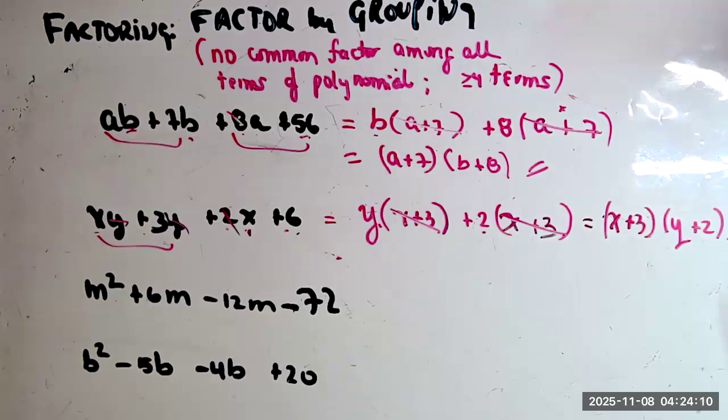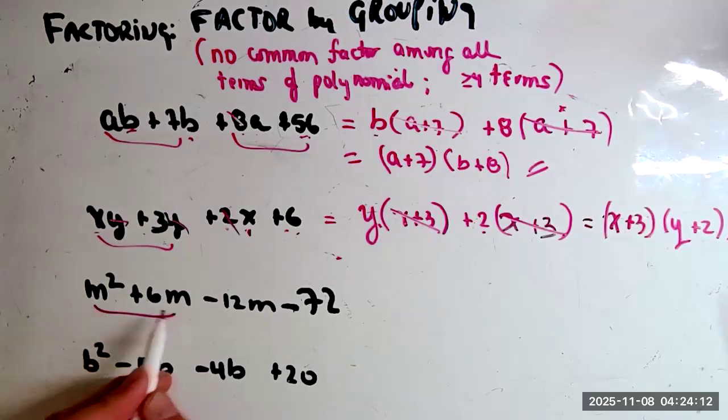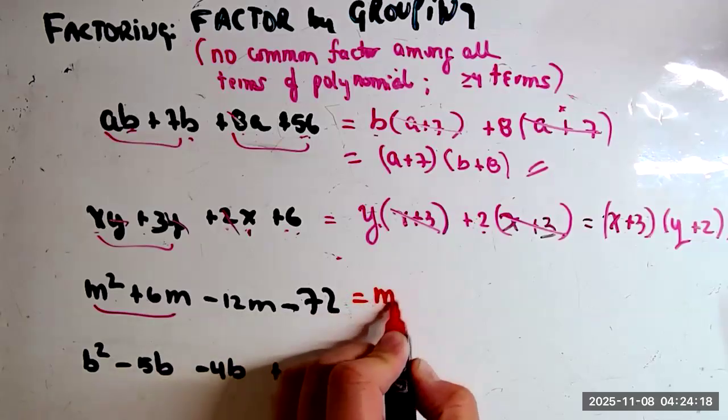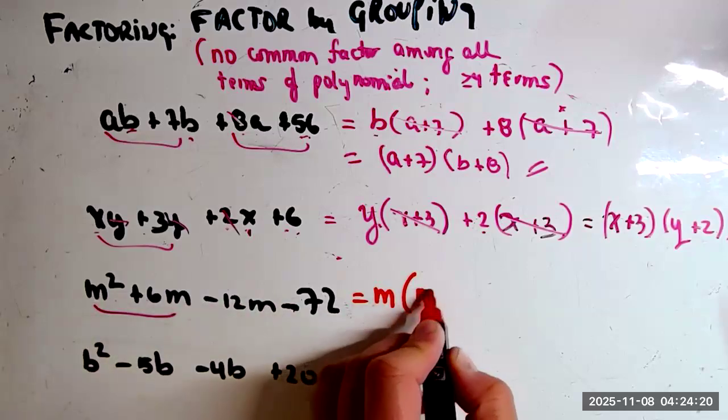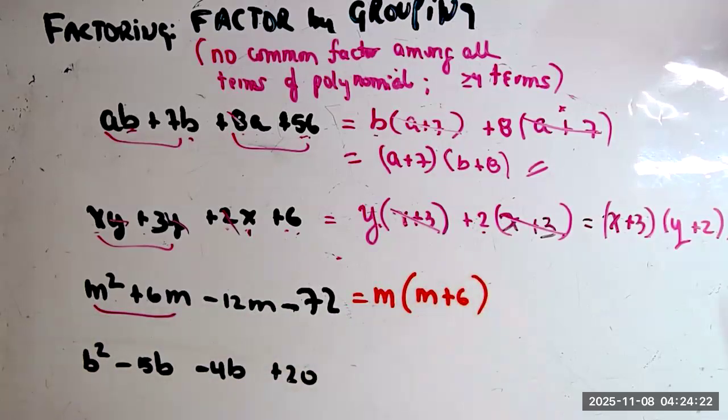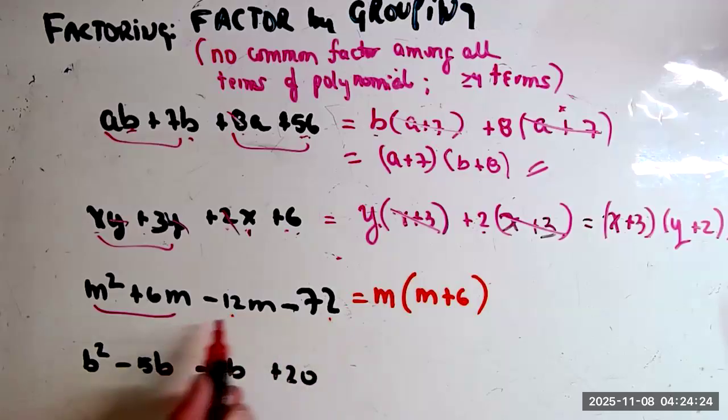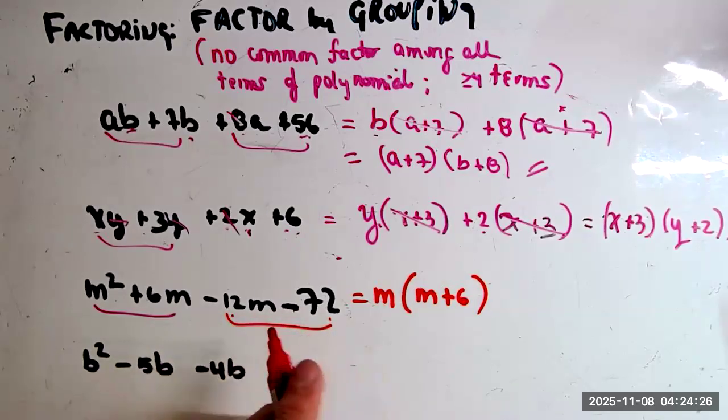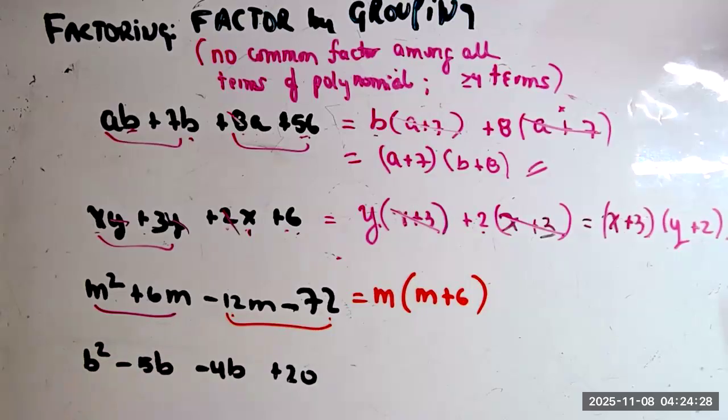So we'll try here. M squared plus 6m. We may factor out the m. So we leave m plus 6. Then 12 times 1, 12 times 6, 72, yeah.